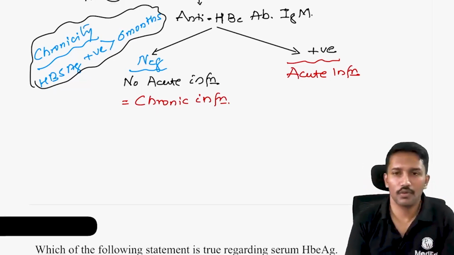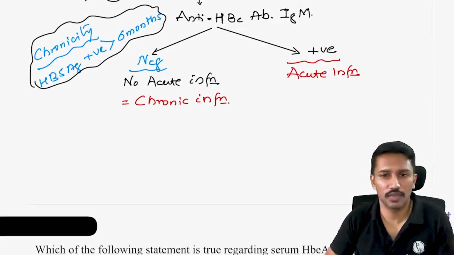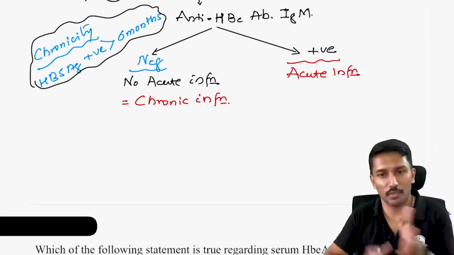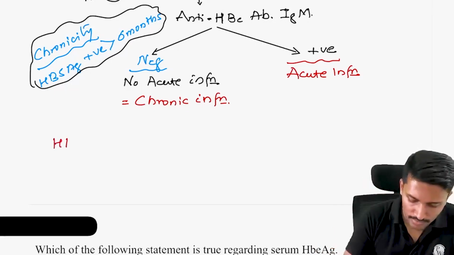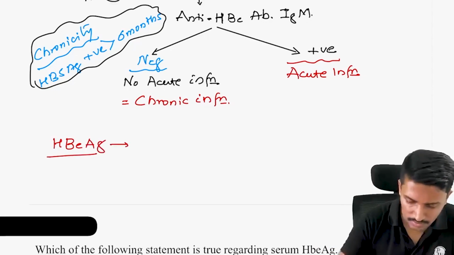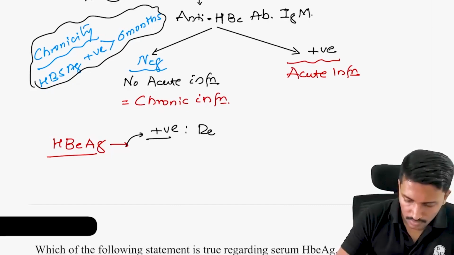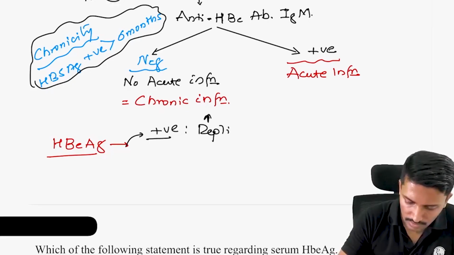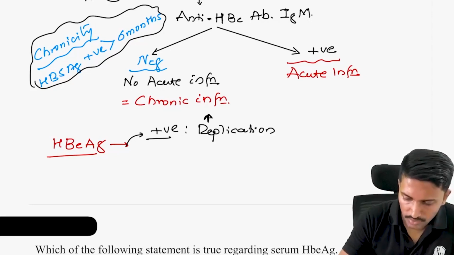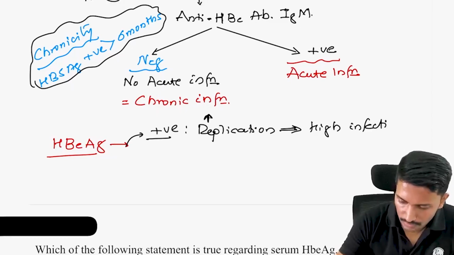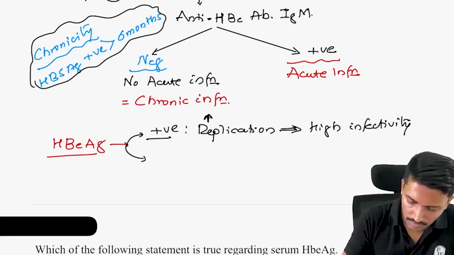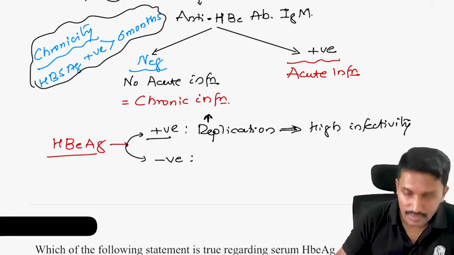After that, we have to look at the replicative status, whether the virus is highly replicating so that the patient may be highly infective or not. So for that, we look at the HBe antigen. If HBe antigen is positive, it indicates high replication, and which also indicates that there is high infectivity. On the other hand, if it is negative, it can mean two things.